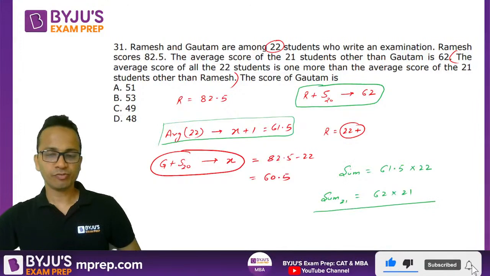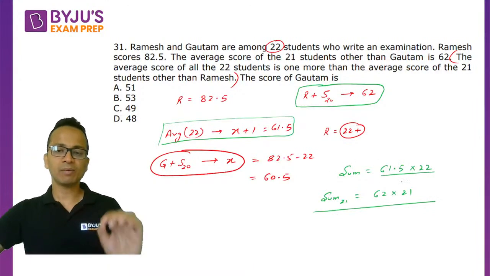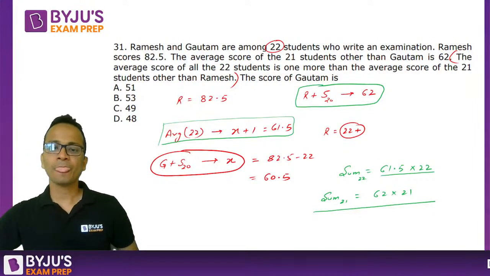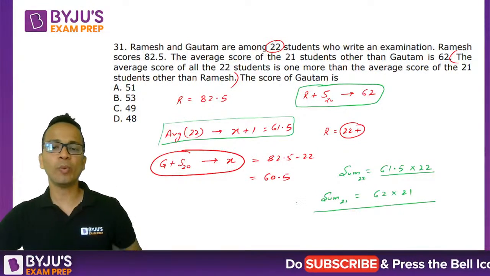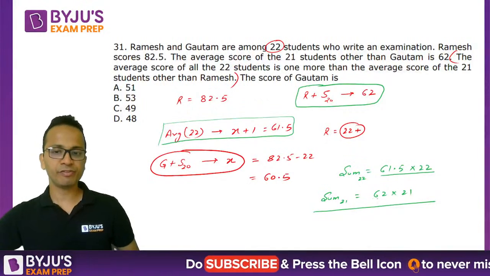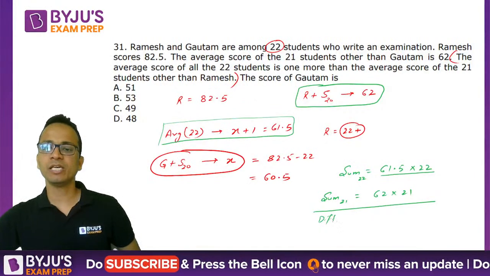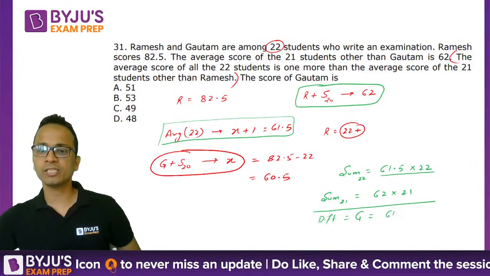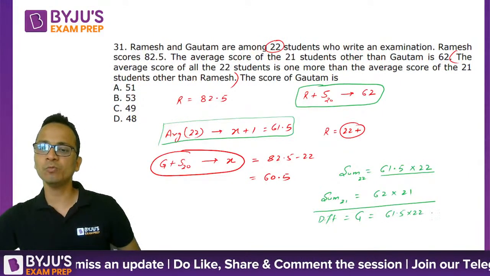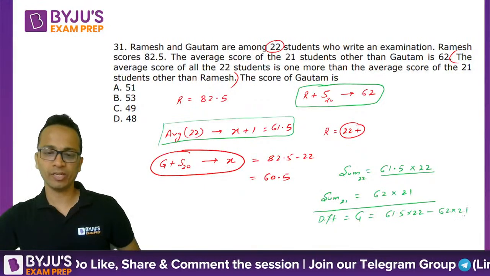The first value is the sum of all 22 students and the second value is the sum of Ramesh and the other 20 students. So if I take the difference, I will be able to get the score of Gautam. So Gautam's score will be 61.5 into 22 minus 62 into 21.